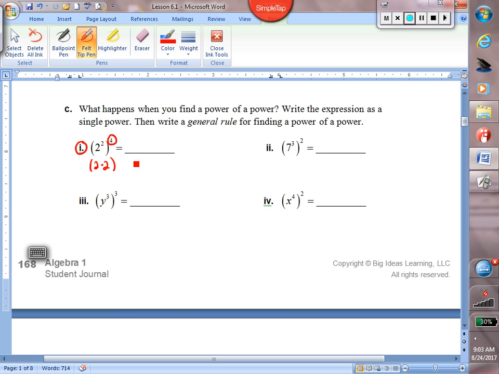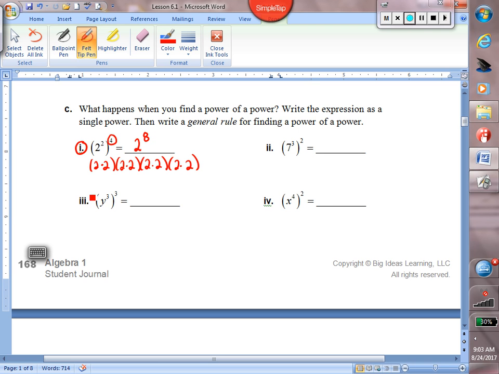Then the exponent on the outside says, hey, wait a minute, you have to do that 4 times. So if we expand all of that out, we end up with 1, 2, 3, 4, 5, 6, 7, 8 2's. 2 to the 8th power.